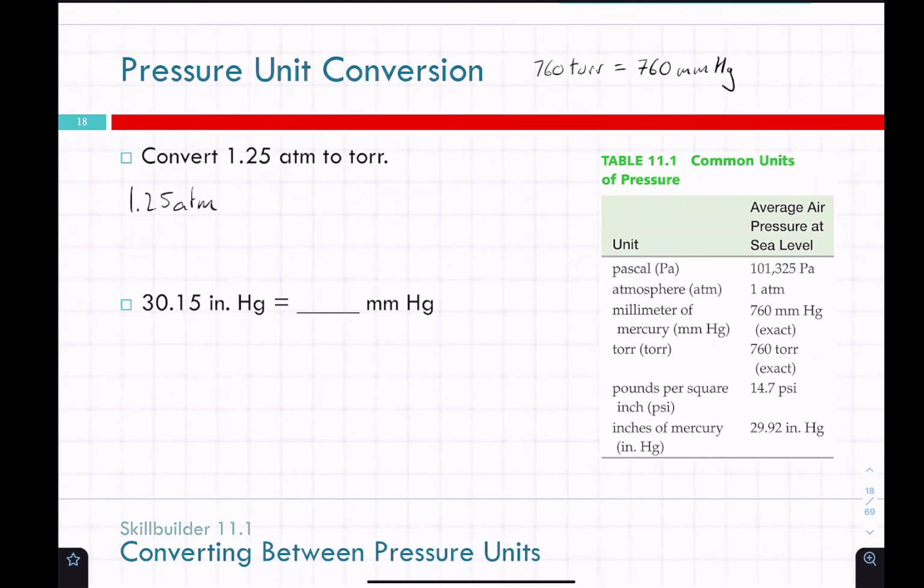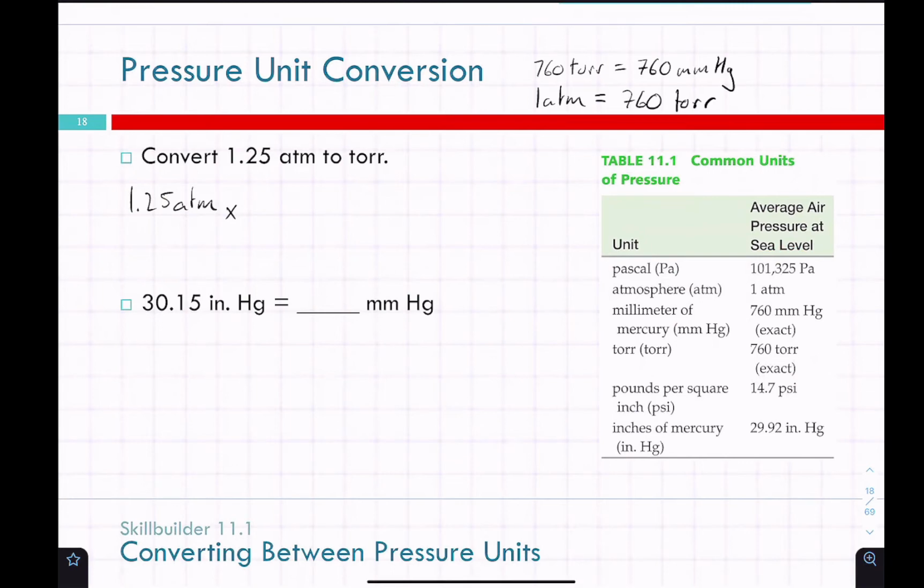But it's kind of like we talked about, the Pascal is 1 Newton per meter squared. So it's talking about a square meter, how much force is on that. And then PSI is pounds per square inch. So in some ways, it's using different scales. Yeah. So then for atmospheres, we can write out the conversion here. So 1 atmosphere equals 760 torr.